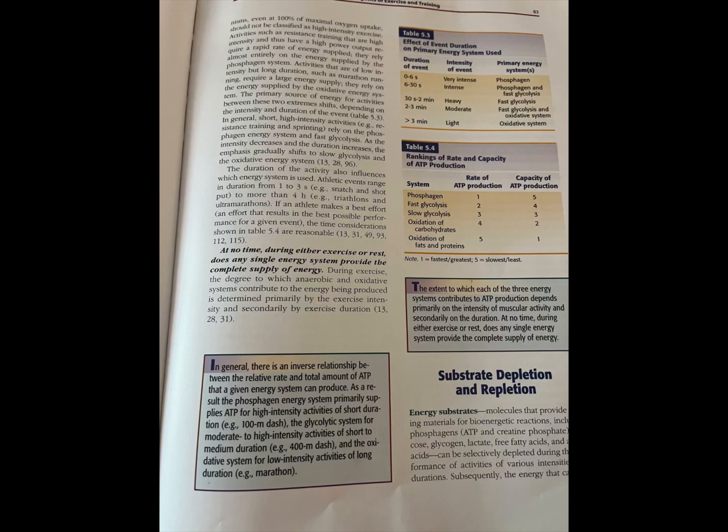Fatigue experienced during many activities is frequently associated with the depletion of phosphagens and glycogen. The depletion of substrates such as free fatty acids, lactate, and amino acids typically does not occur to the extent that performance is limited. Consequently, the depletion and repletion patterns of phosphagens and glycogen following physical activity are important in exercise and sport bioenergetics.